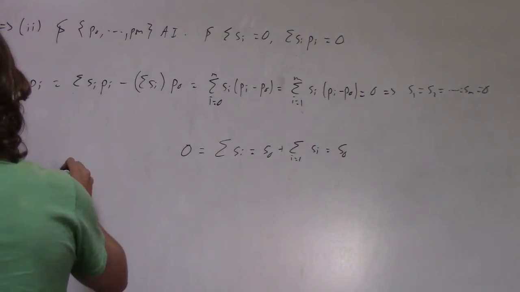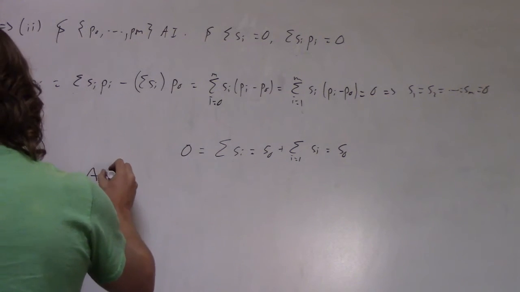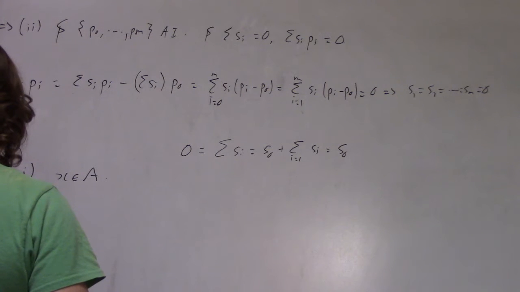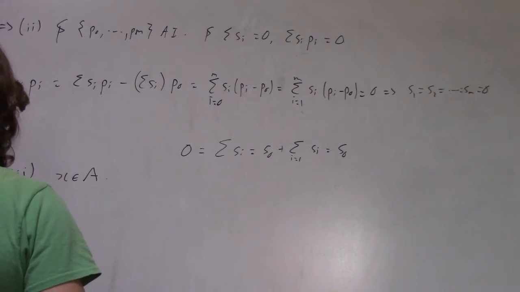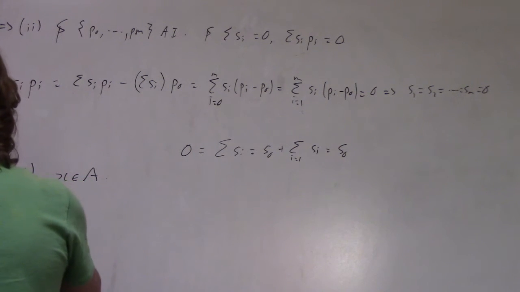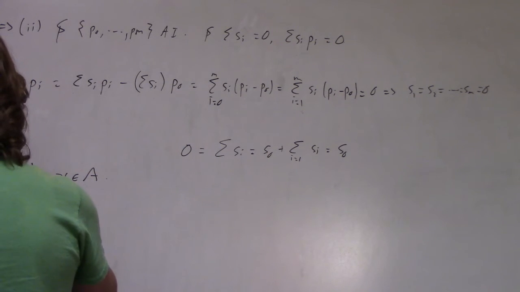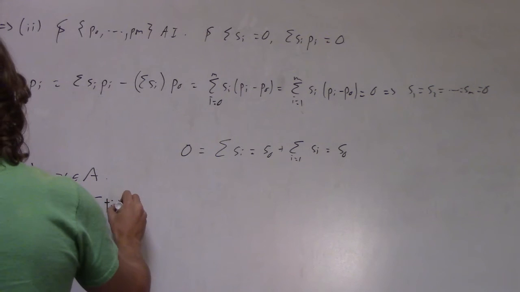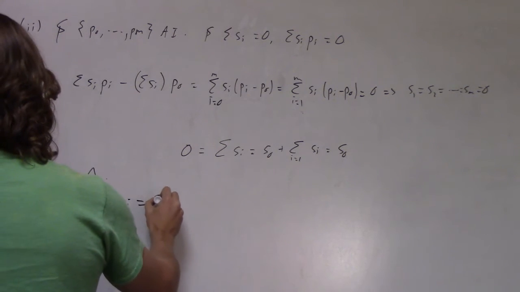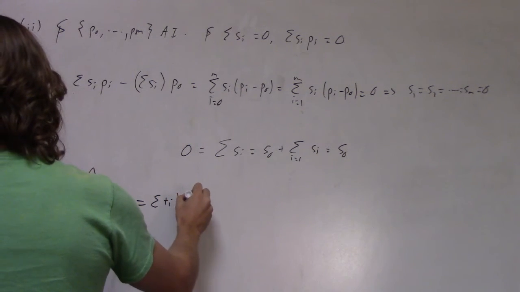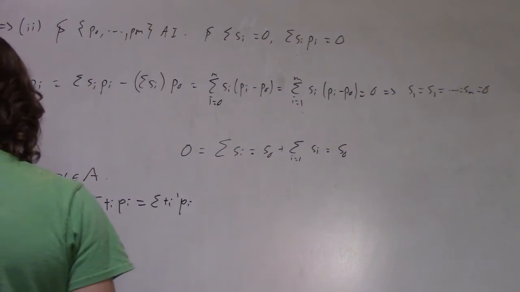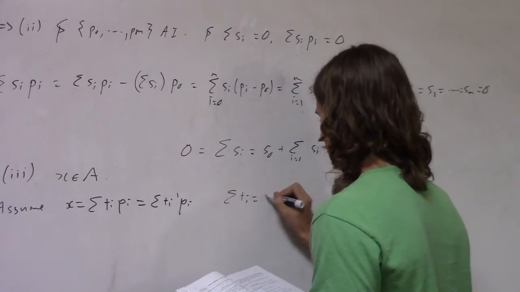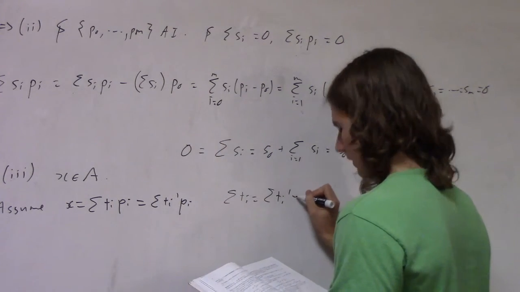Okay, so we let x be an element of A, and assume that there are 2 different ways that we could write it. x is equal to the sum of ti Pi, but also the sum of ti prime Pi, with each of these, the sum of ti equals the sum of ti prime equals 1.